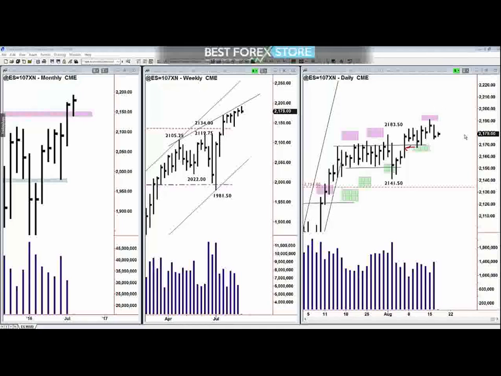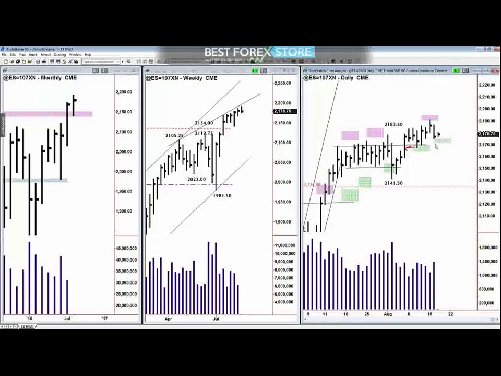So what are we looking for next week? Well, this line is still important, but I don't even know that we're going to get down there, to tell you the truth. I think somewhere between the low of yesterday or today, and 270, it should be the low in here.